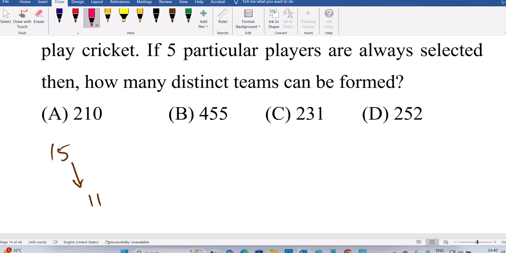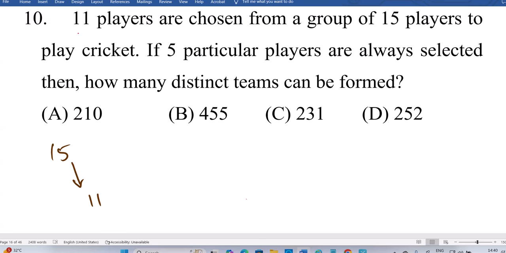So now, how many are you pending to select? 6 out of 10. That's it. Already 5 people are fixed, right? Out of 15, already 5 are guaranteed. Now I have only 10 people. In an 11-member team, 5 people are already in the list. I have to select only 6. This is nothing but 10C6.